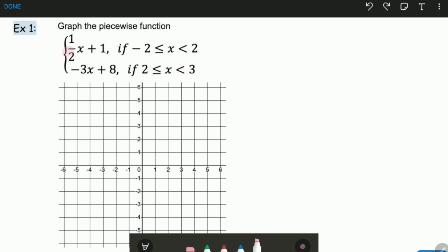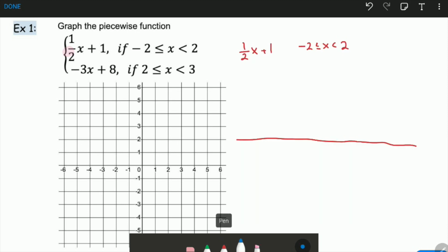So what we're going to do, since I have two pieces, I'm going to separate my workspace off to the right. I'll start with the first segment, from -2 to 2.